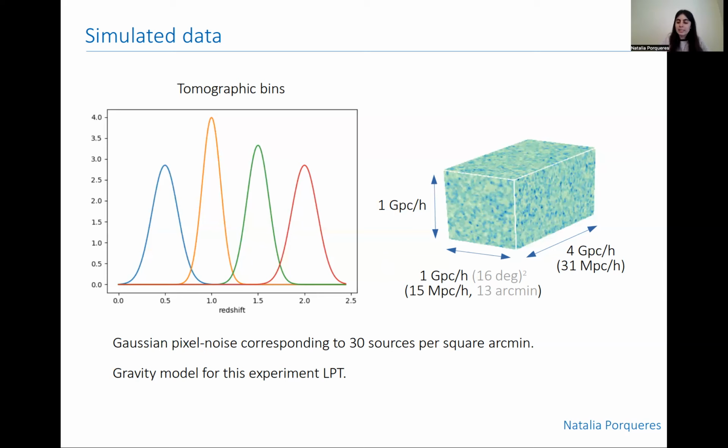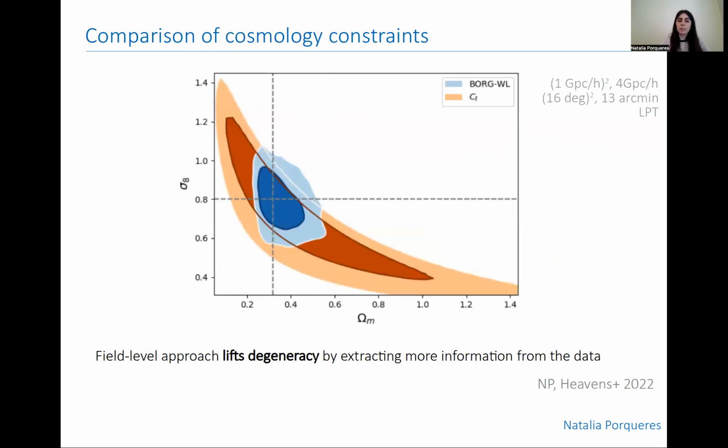We are going to analyze this data with Borg and with the standard approach with the power spectrum. These are the results that we get. Here you see the constraints on omega matter and on sigma 8 that we get from analyzing the same data, just using different techniques. When we use the power spectrum, we get this orange contour that is the typical weak lensing banana degeneracy.